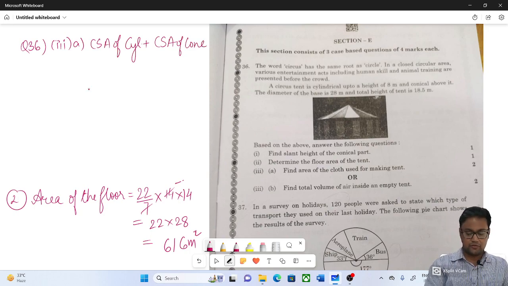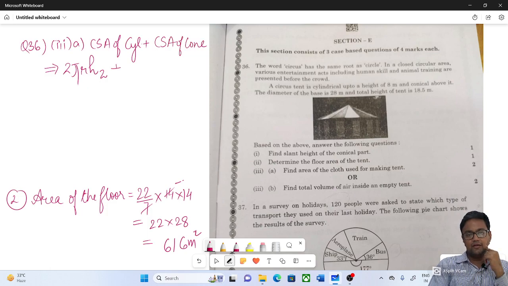The manufacturer or the team whosoever has put up this tent has not used any cloth or any canvas for flooring the ground, right. So, CSA of the cylinder is 2 pi r h. Now, here h is H2, if you remember, H2 was the height of the cylinder, and the CSA of the cone is pi r l, right. So, pi r is a common quantity here, children. So, what you are left with is 2 times the height of the cylinder plus the slant height which you have recently calculated, and the area is to be calculated in meter square.